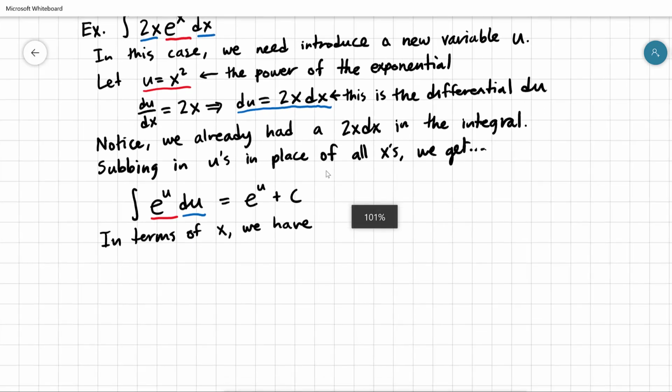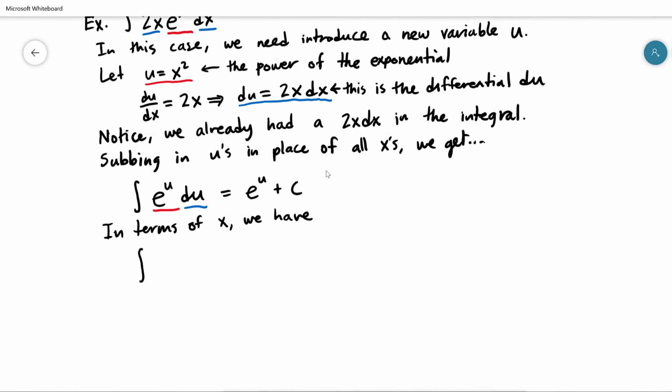We have that this integral, which we started off with, which was the integral of 2x e to the x squared dx, after making that substitution, this whole piece was equivalent to this whole piece. Its integral is just e to the u plus some constant. And what is e to the u? Well, subbing back in for x here, that's just e to the x squared plus c. So this is our answer.